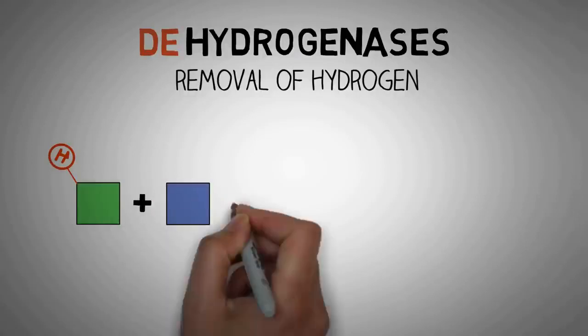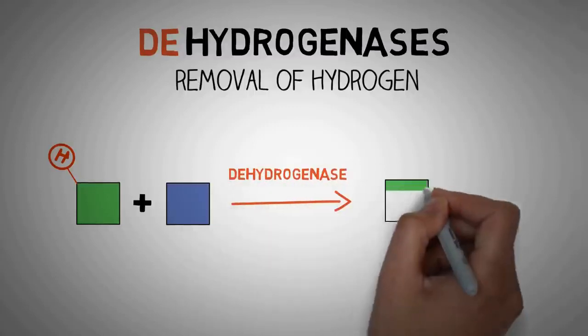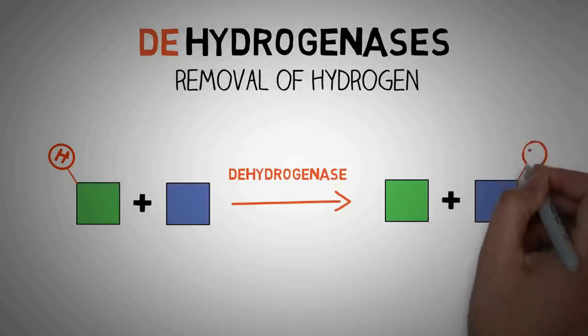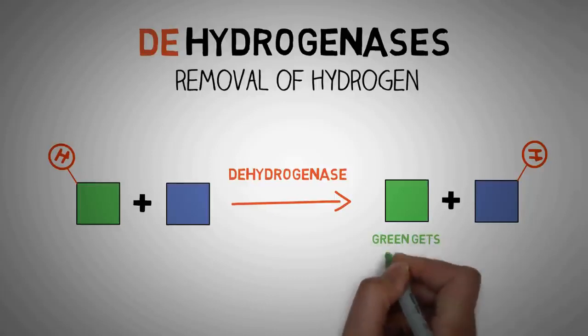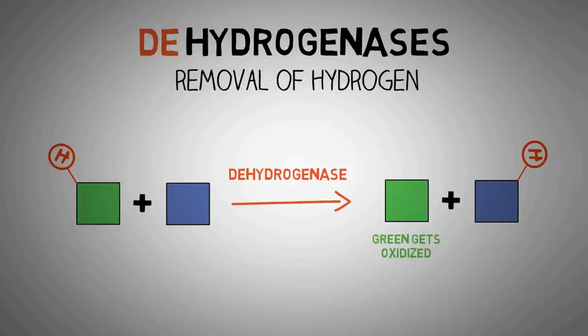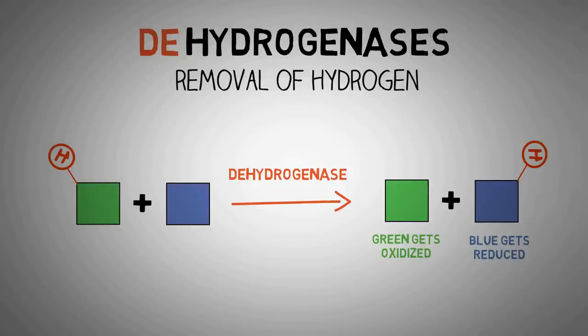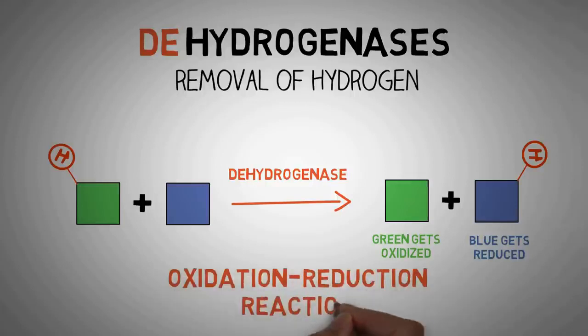And the hydrogen that is removed from one molecule must be passed on to some other molecule. The other molecule that receives the hydrogen gets reduced in return. So this is the basic mechanism of action of dehydrogenases. They remove hydrogen group from one molecule, oxidizing it, and in turn attaching that hydrogen group to some other molecule, leading to its reduction. This is why the reactions carried out by dehydrogenases are known as oxidation reduction reactions.